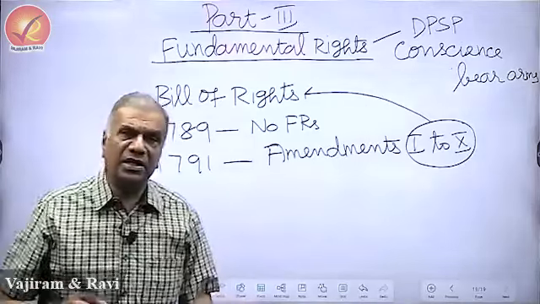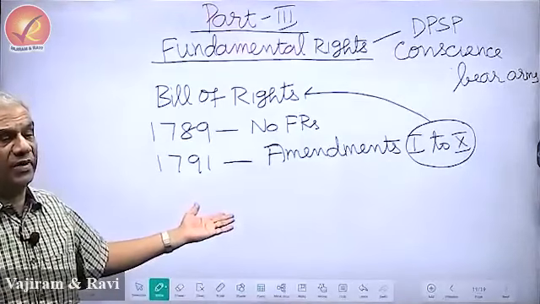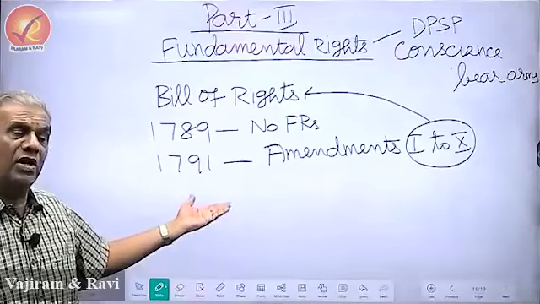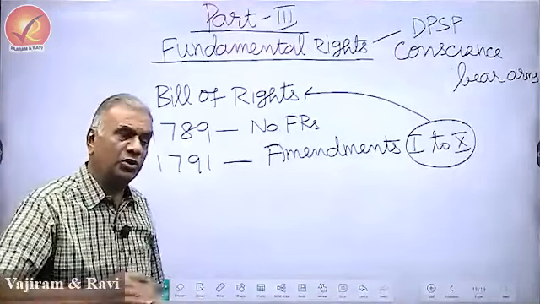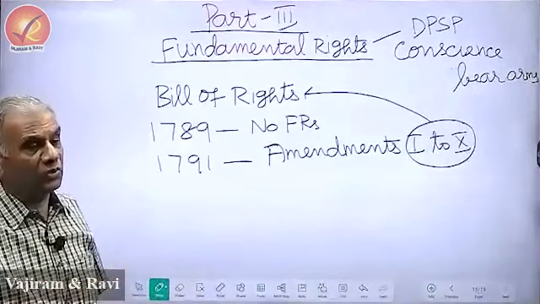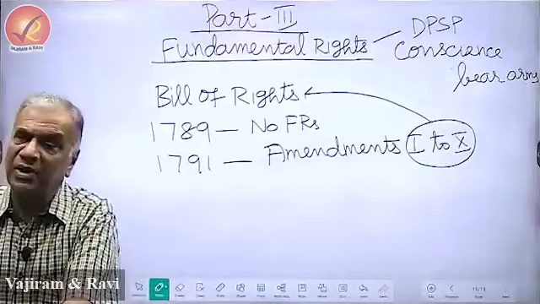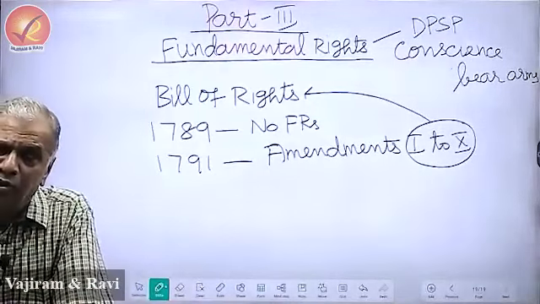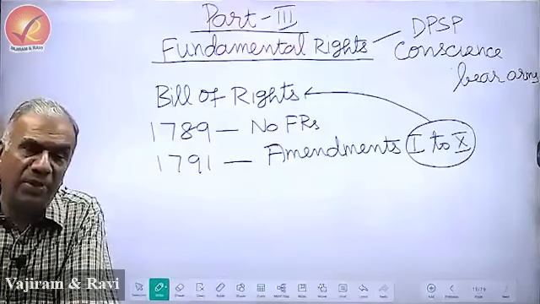Now the thing is, why are the rights under Part 3 alone called fundamental? Why not the rights, say, under the Constitution but outside Part 3 of the Constitution? The reasons are two. First of all, no individual in this world is born as a complete waste.